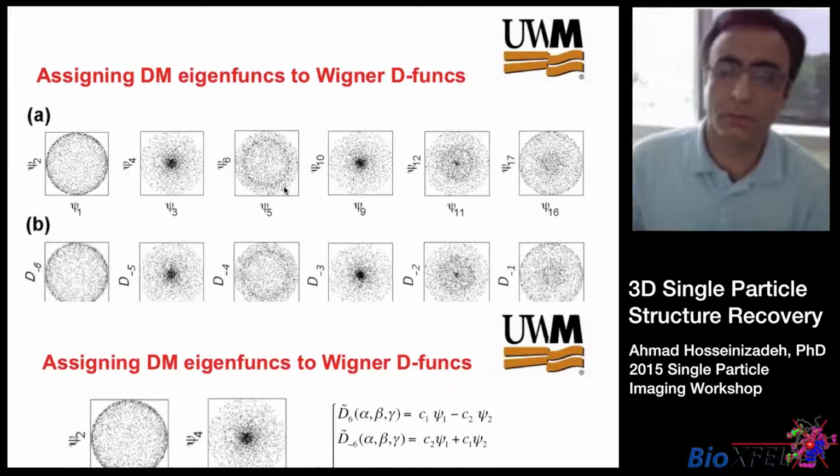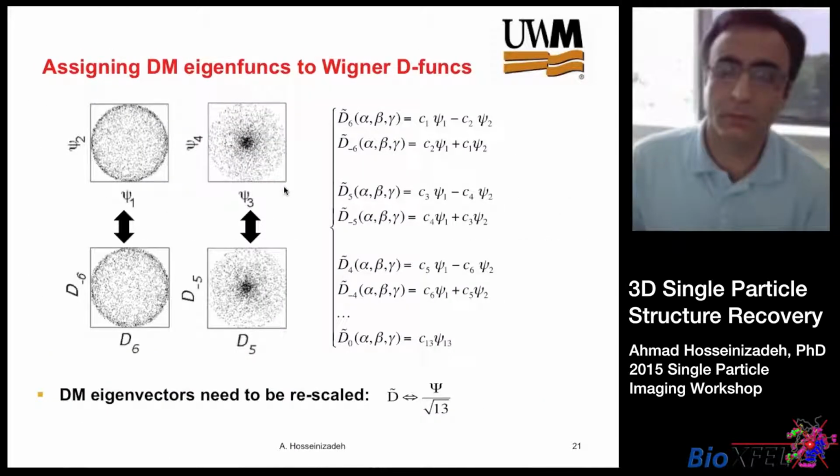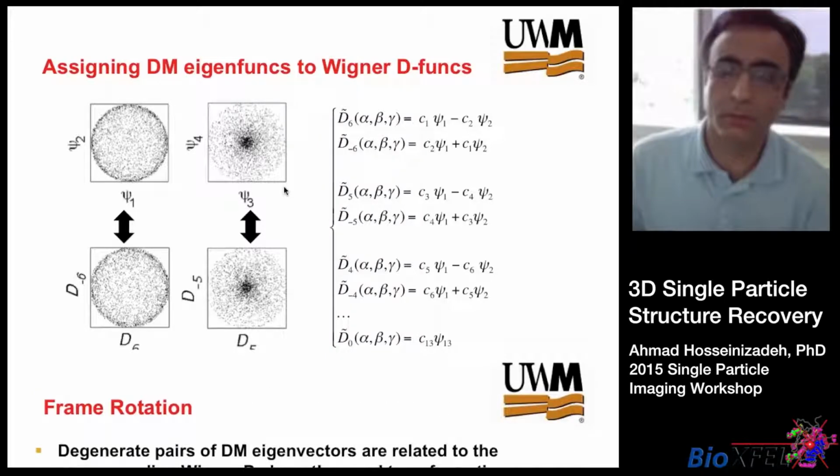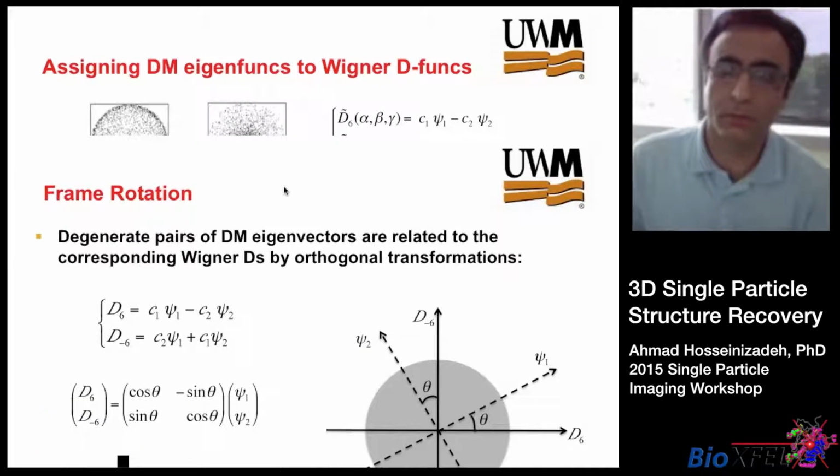And you will see the reason in the next slide, because this can rotate compared with this frame here. So every D will be a combination of psi 1, psi 2, or vice versa. And the psi should be normalized according to this, by dividing by the square root of 13, which comes from the orthogonality of the Wigner D functions.